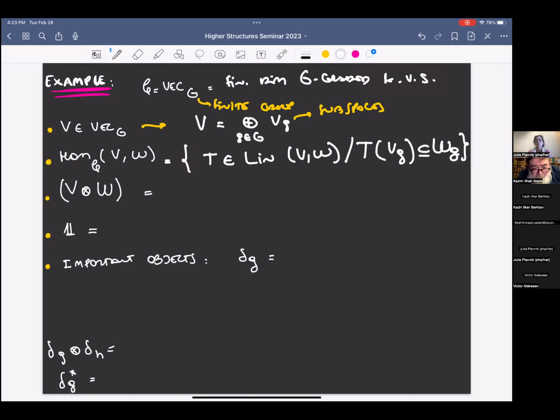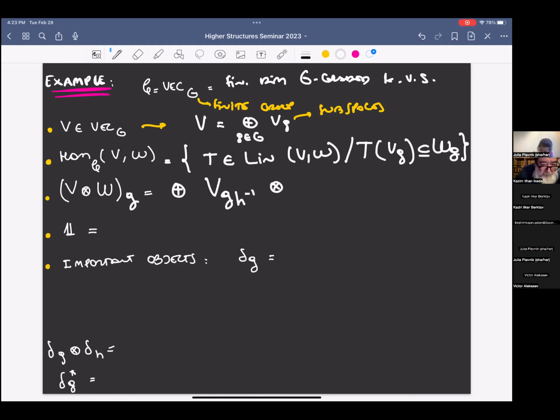And now I need to show you that it's a tensor category. I want to find a tensor product. So the tensor product as a vector space will be the tensor product of vector spaces. But now I need to tell you what's the grading. And what we will do is we will have a convolution-like product.